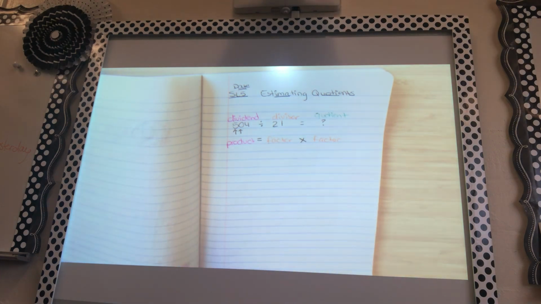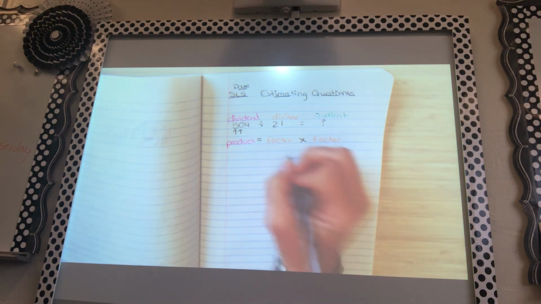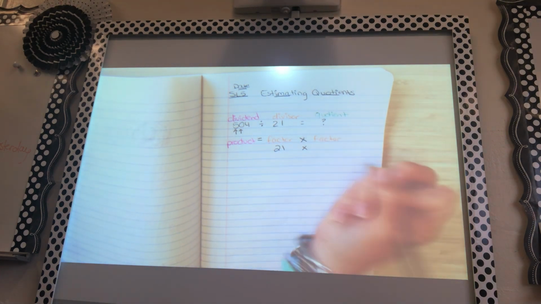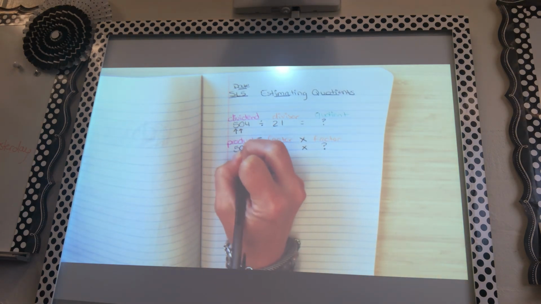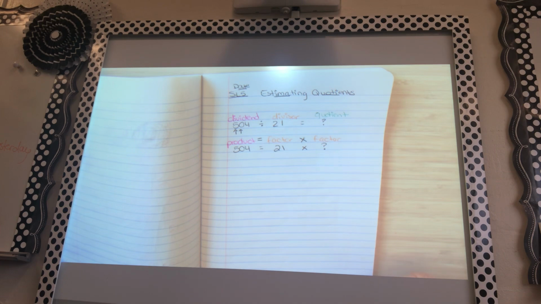So if I take 21, I should be able to multiply it by something, and the result, the product, should be 504.